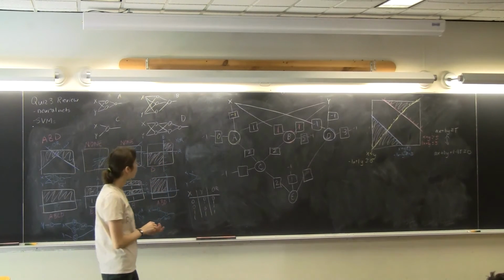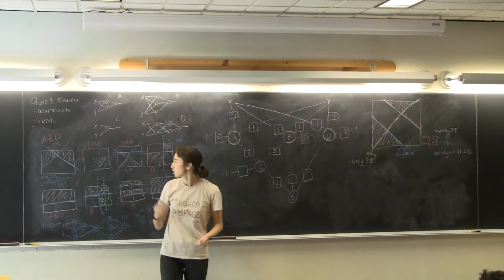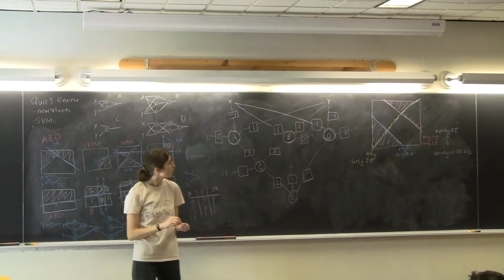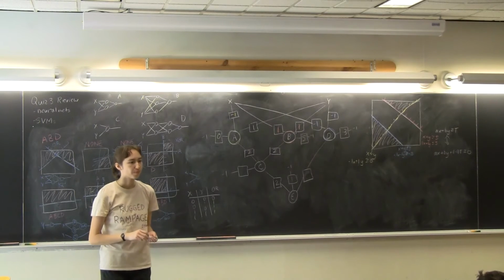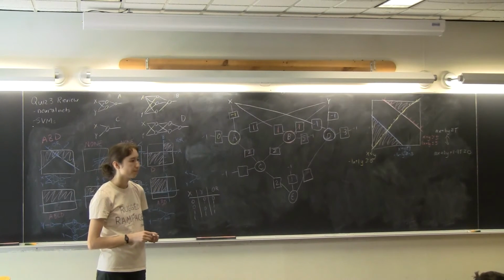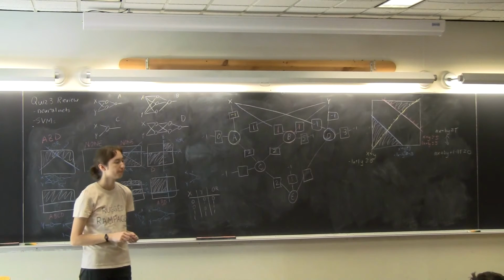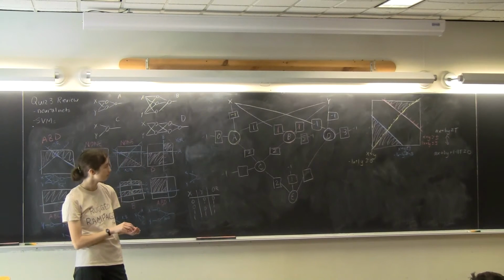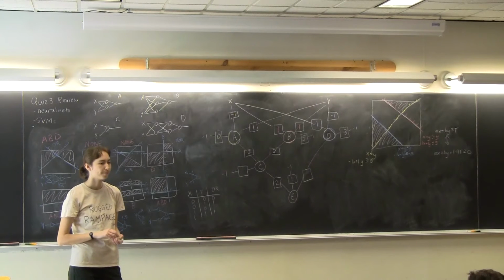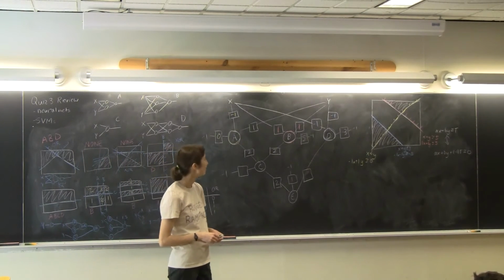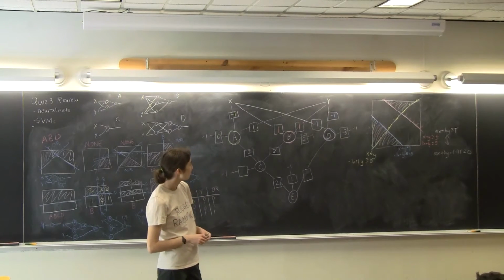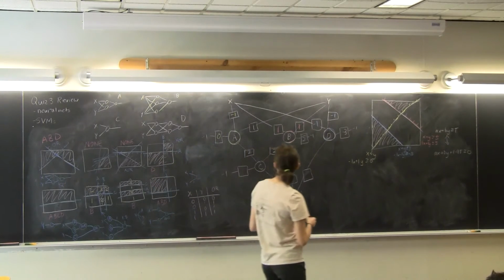Okay, so now we have to figure out how to combine these line shadings just like we did with the pictures. So what sort of function might we use to combine them? Yeah, exactly.